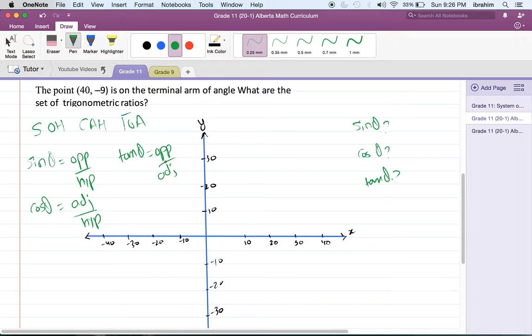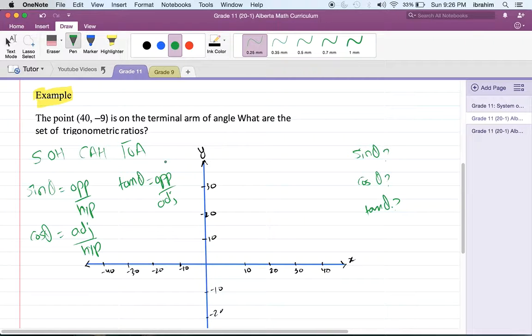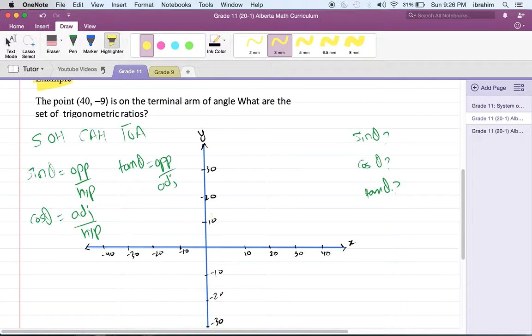So essentially what you'll have to do is use this coordinate, plot it on the coordinate system, and then find the opposite length of the triangle, the hypotenuse one, and finally the adjacent one. And then once you have those figured out, you can plug them into the formula and get the ratios. So if I were to plot this point onto the coordinate system, my x is 40, right?